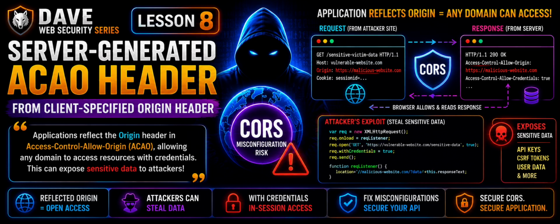For example, consider an application that receives the following request: GET /sensitive-victim-data HTTP/1.1, Host: vulnerable-website.com, Origin: https://malicious-website.com, Cookie: session=... It then responds with HTTP/1.1 200 OK, Access-Control-Allow-Origin: https://malicious-website.com, Access-Control-Allow-Credentials: true.